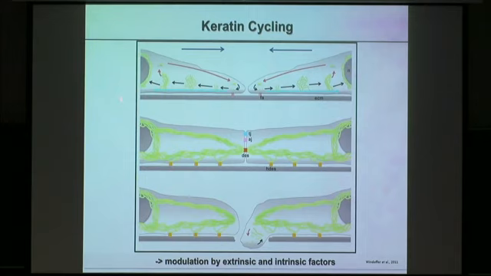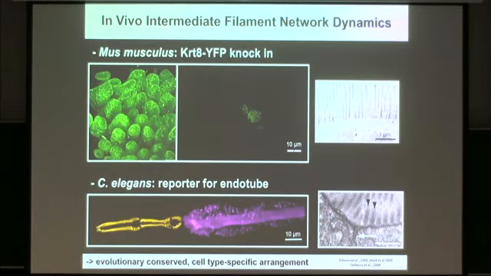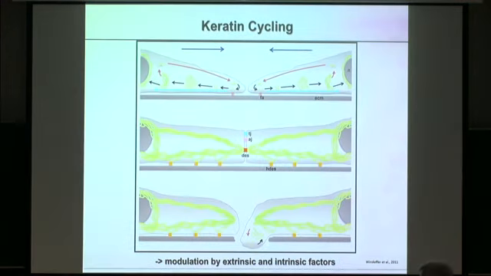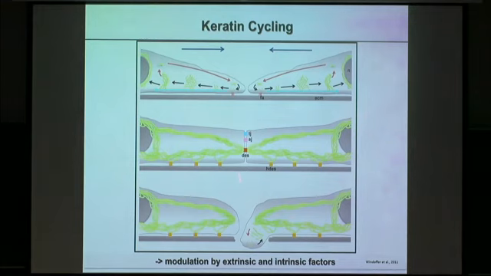But in a given static tissue, this might be a very different kind of picture. You may have very stable filaments that are attached to desmosomes, hemidesmosomes here, and the nucleus.